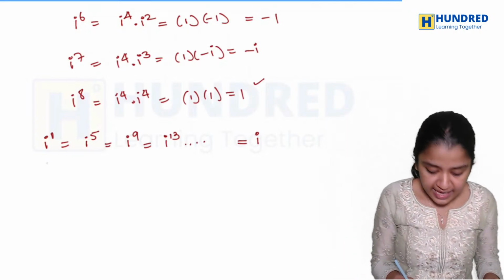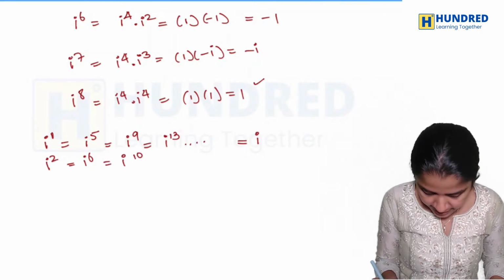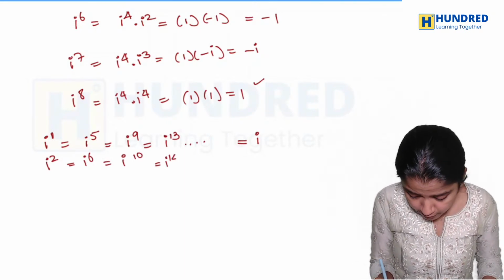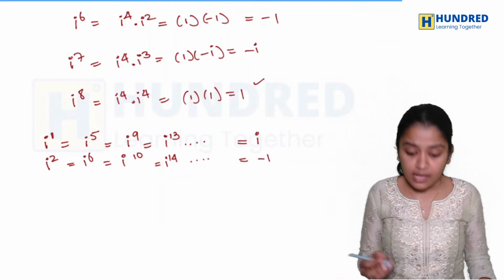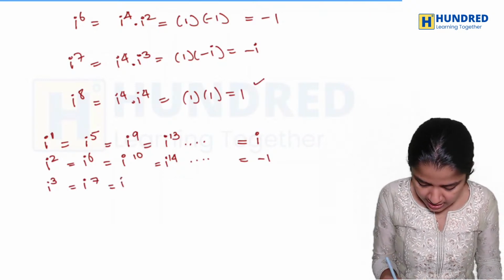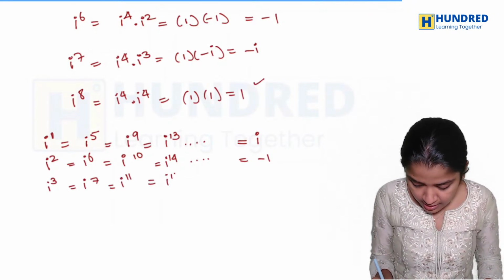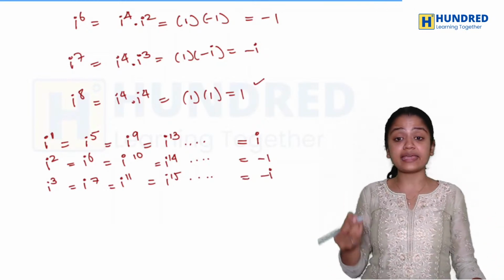In the same way, i square, i power 6, i power 10, i power 14 go to minus 1. Same way, i power 3, i power 7, i power 11, i power 15 go to minus i.